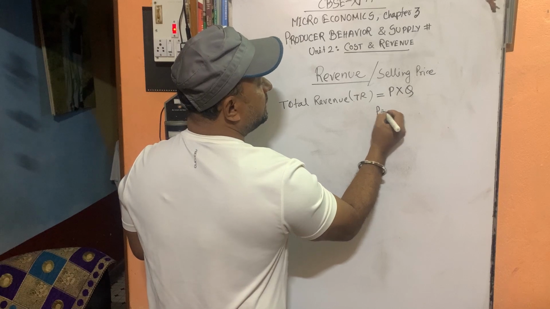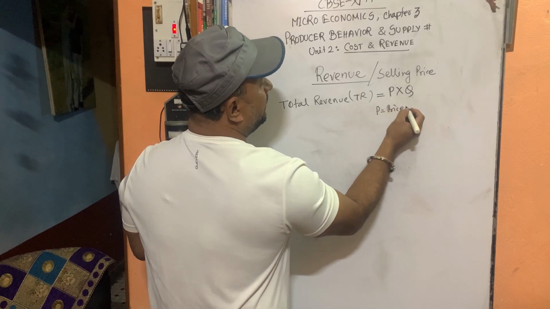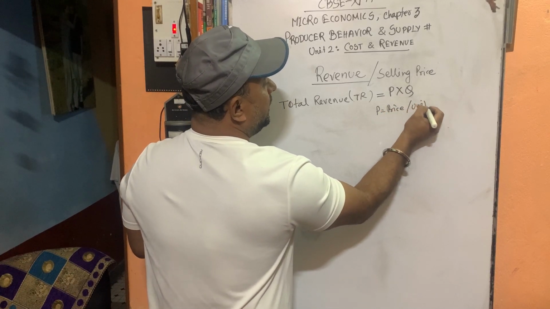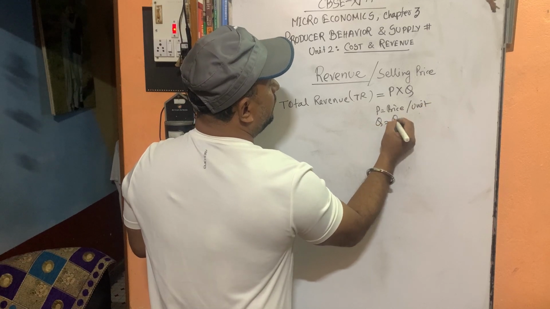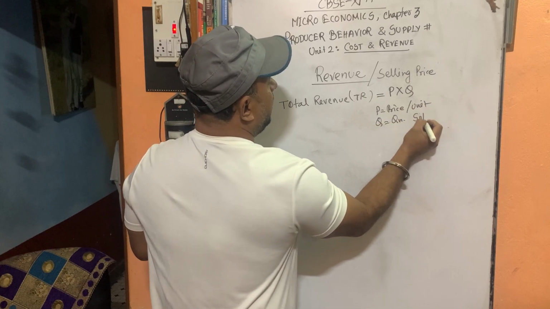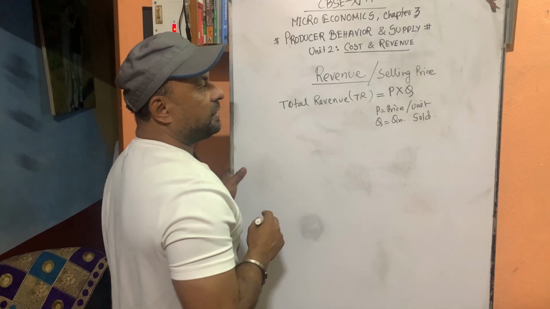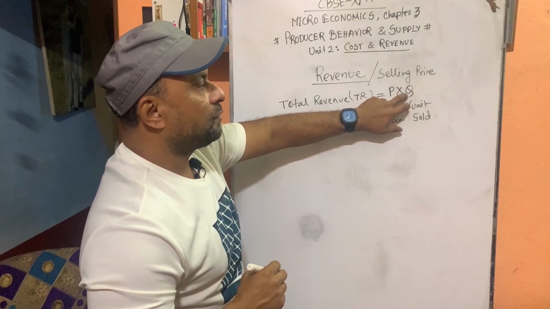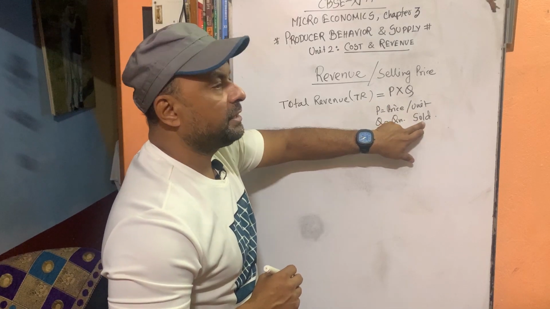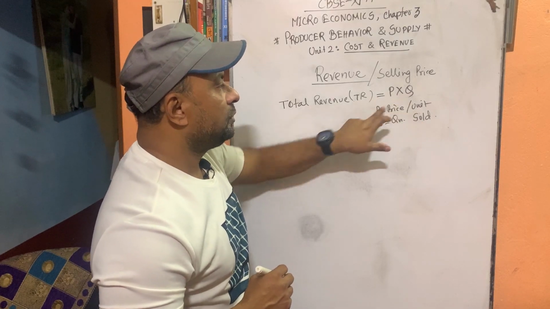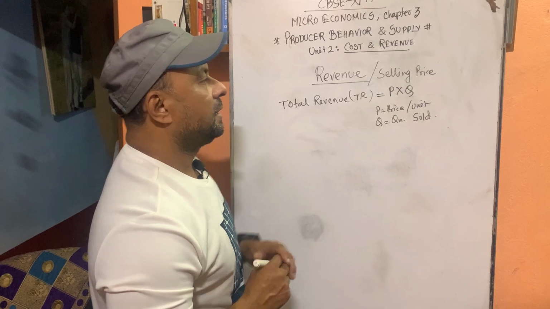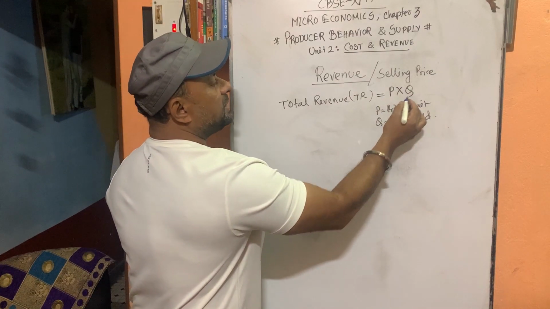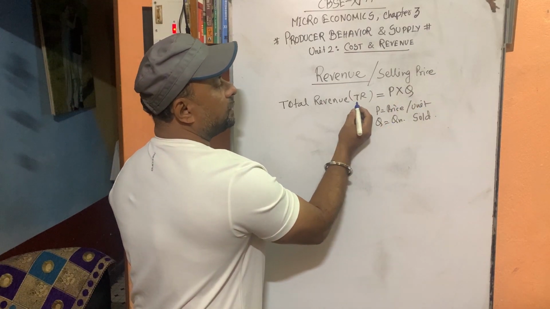Price P means price per unit of the product, and here Q is quantity sold. In the earlier unit, Q meant quantity of labor, then quantity of production, now Q means quantity sold. So whenever you write Q, you must mention what the Q indicates. So P into Q, price per unit and quantity, gives total revenue.